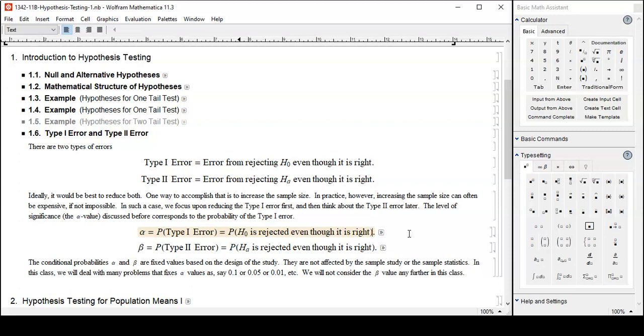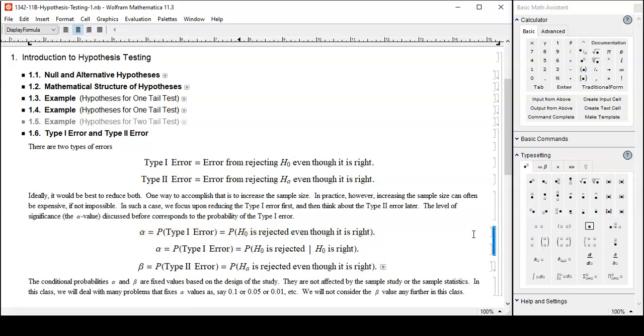So we say the level of significance alpha is the maximum bound of the type 1 error, the maximum probability of rejecting the null hypothesis even though it is right. So it's actually a conditional probability. Even though H0 is right, I'm rejecting it.